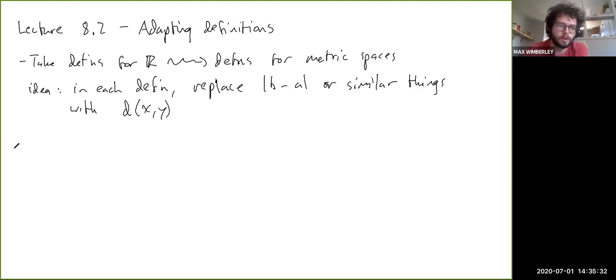So here, for example, I'll just give definition 13.2.